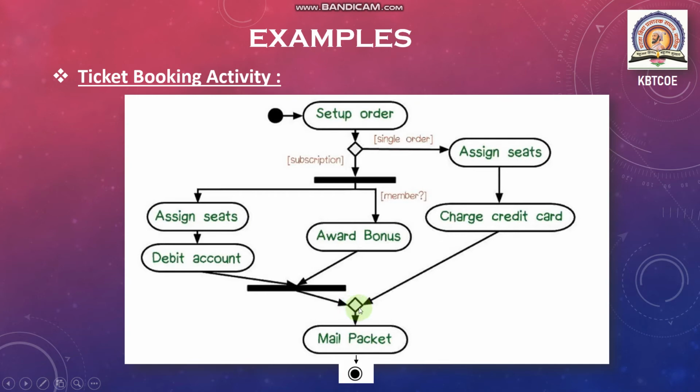The merge diamond, as we see, does not synchronize its input flow. Therefore, it will not depend on both the activities to perform. It will simply go on executing for the inputs it received. And finally, we reach the end of our activity diagram. This is one example.